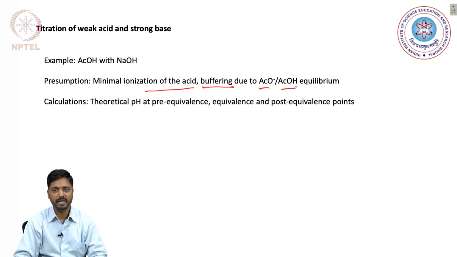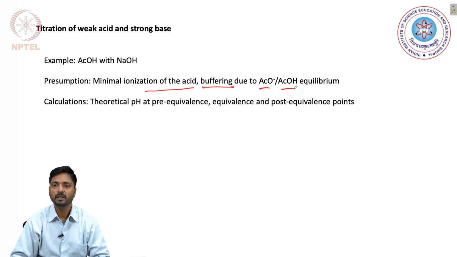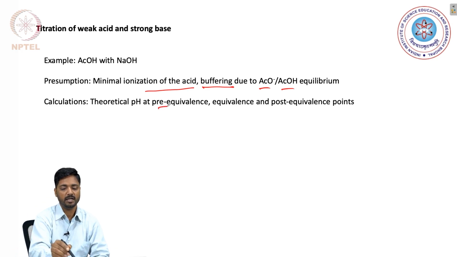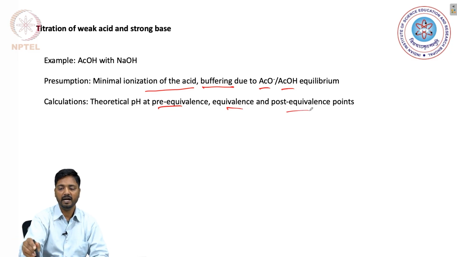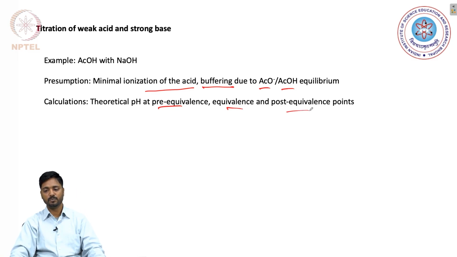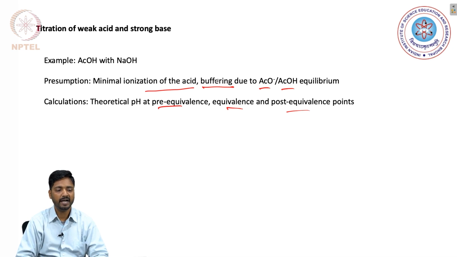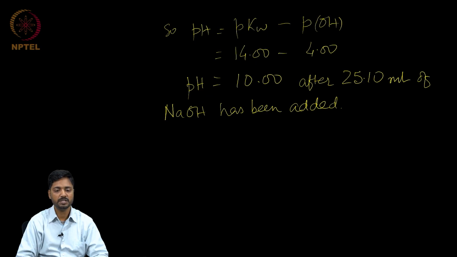So, this will induce a slower decrease or increase in the pH, and so what we need to do now is to calculate the pH again at the pre-equivalence point, the equivalence point and the post-equivalence points. So, let us go back to the board and start doing some calculations.